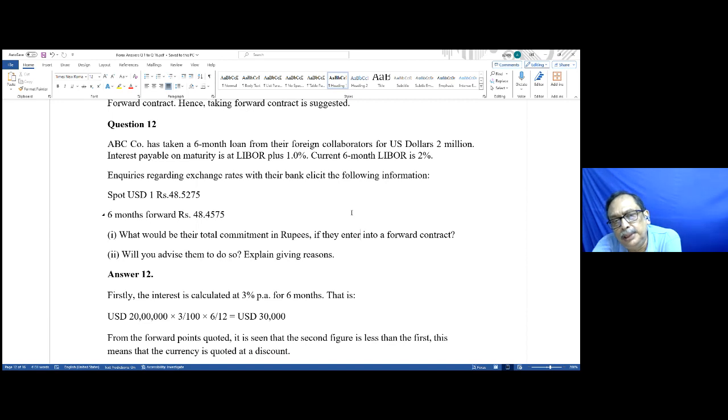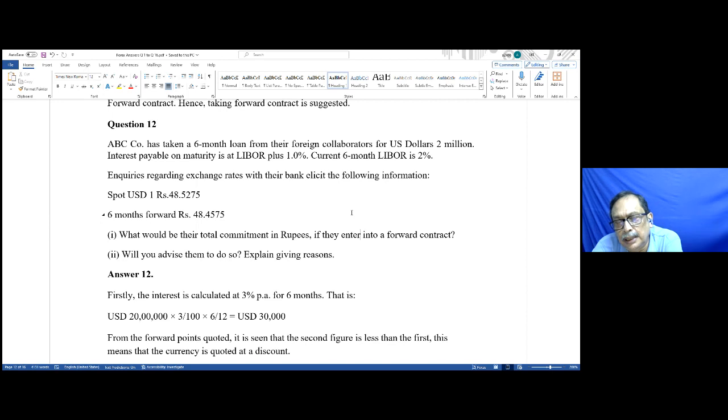Interest payable on maturity is at LIBOR, London Interbank Offer Rate, plus 1%. Current 6 months LIBOR is 2%.